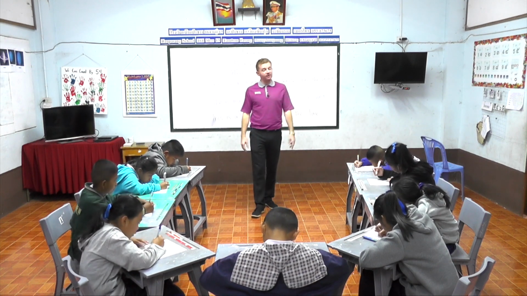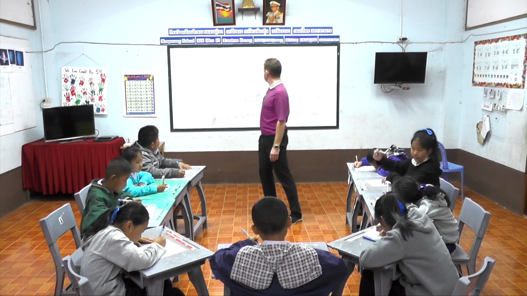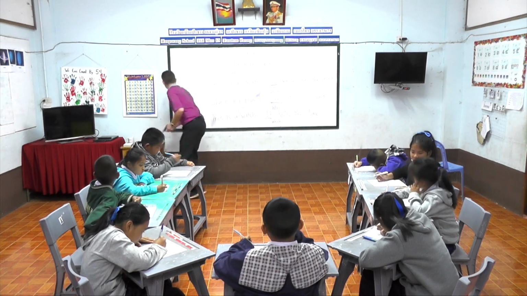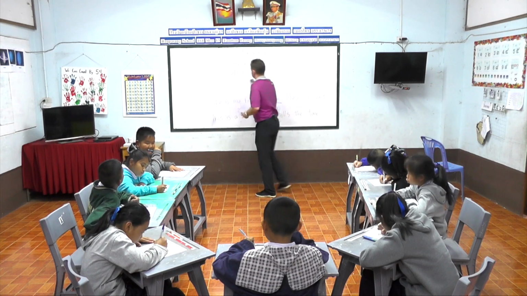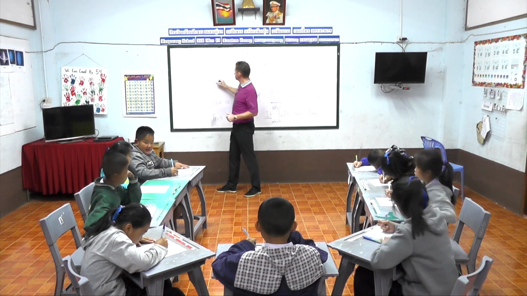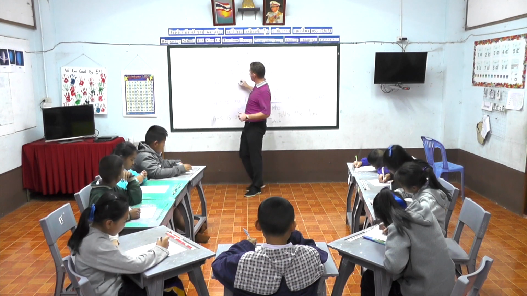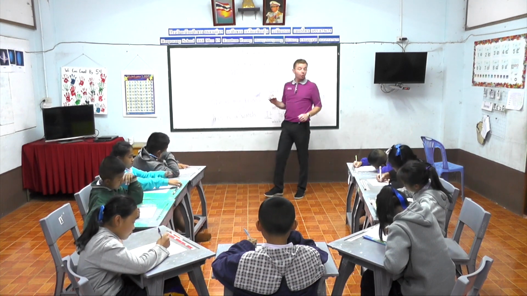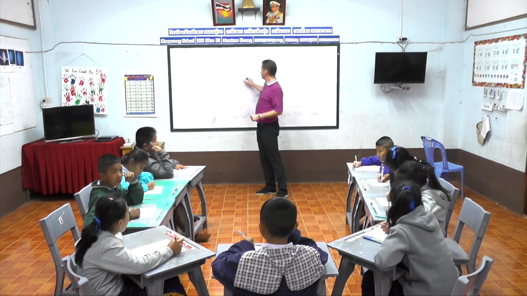And then the first one we can do together. Let's see if I can make space. So the first sentence is number 1. This is my, who is it in the sentence? This is my teacher.